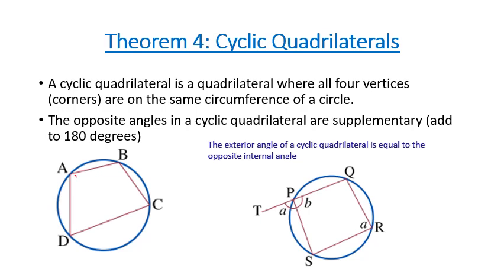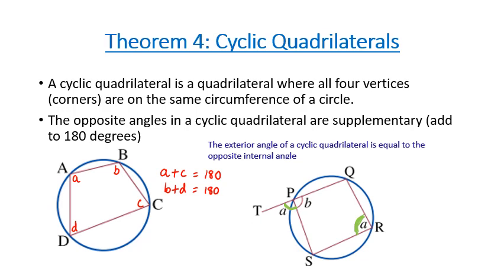So if we add some variables in here to give measurements to our angles, then we can say that A plus C must equal 180 and B plus D must also equal 180. They are supplementary. Now, it's important to know too that the external angle of a cyclic quadrilateral is actually equal to the opposite internal angle here.